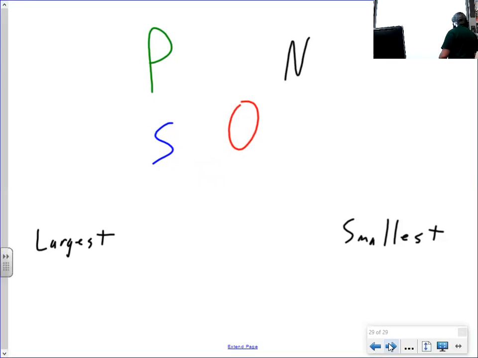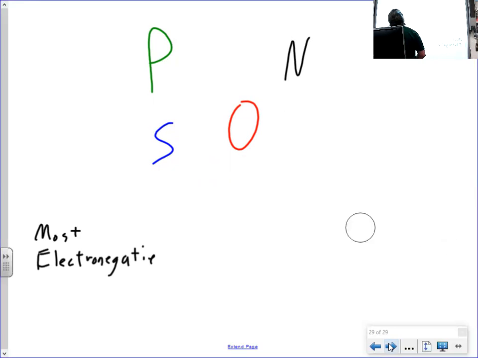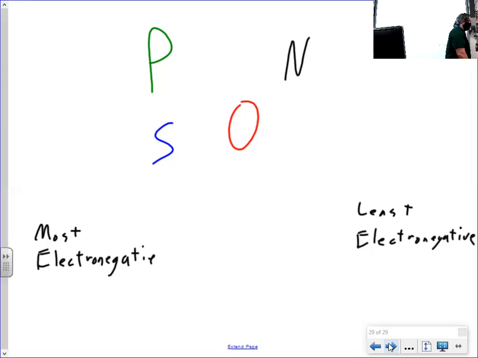And for electronegativity, I'm going from the most electronegative, most likely to steal your electron, to the least electronegative, the least likely to steal your electron.